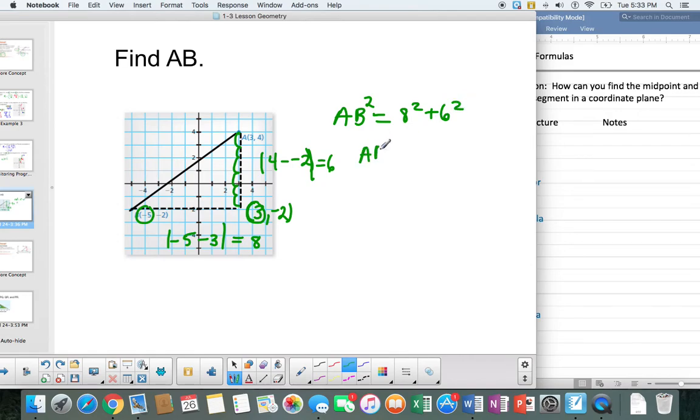To figure out AB, I'm going to take the square root of 8 squared plus 6 squared, which is root 64 plus 36, which is root 100, and the answer is 10.